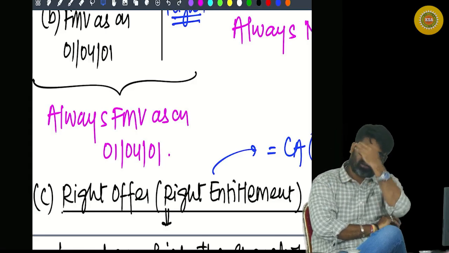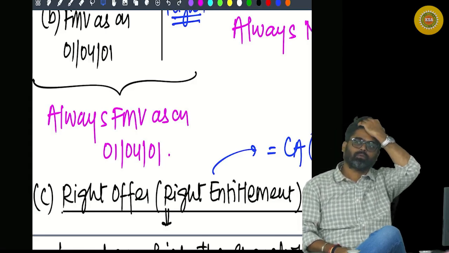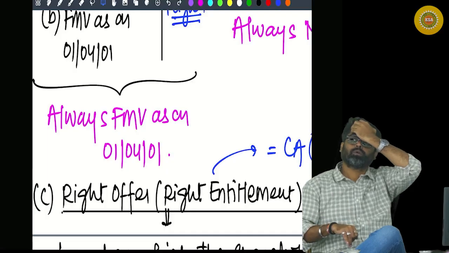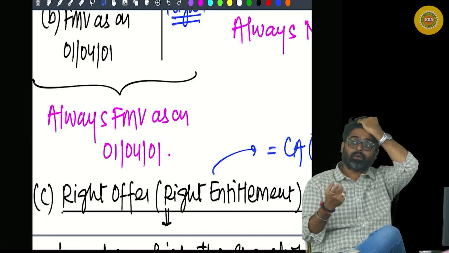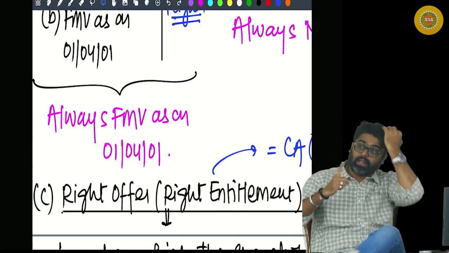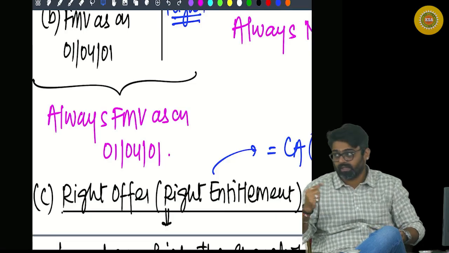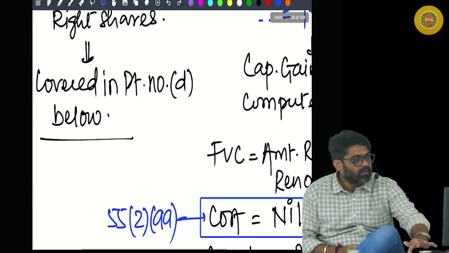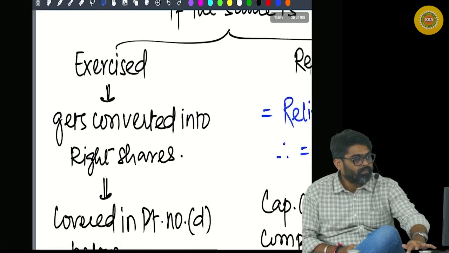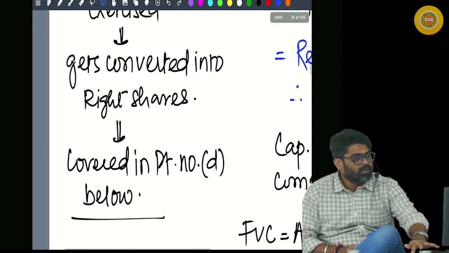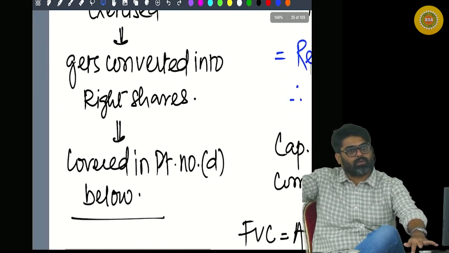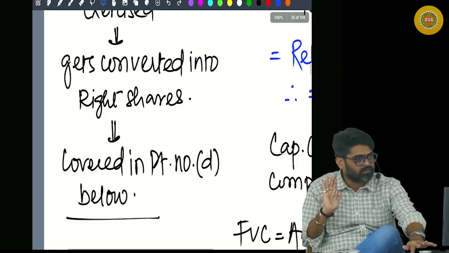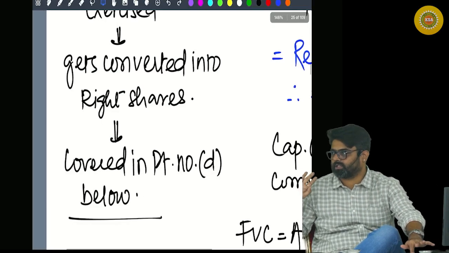So will you like it if your right lapses? So what will you do? Within the given time, you will exercise the right and buy the right shares, then the right will be converted into right shares. Then we will directly talk about right shares. Okay, no?